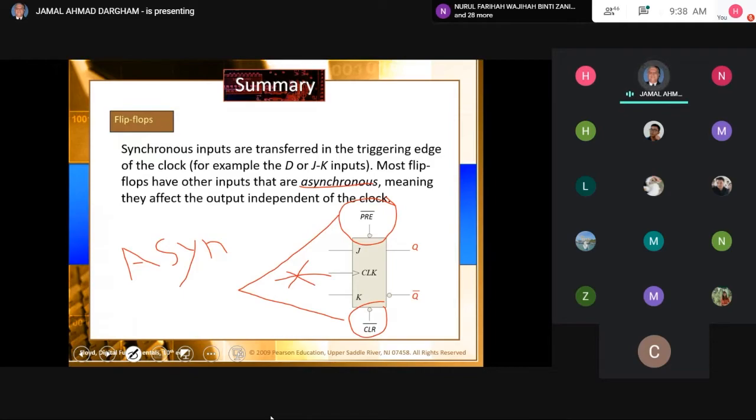The clock has no effect on these two. The clock only affects J and K. So J and K are called synchronous inputs, which means they depend on the clock, and the preset and the clear are asynchronous. So if you have preset and clear, the JK flip-flop can work like an RS latch, not a flip-flop, but an RS latch.